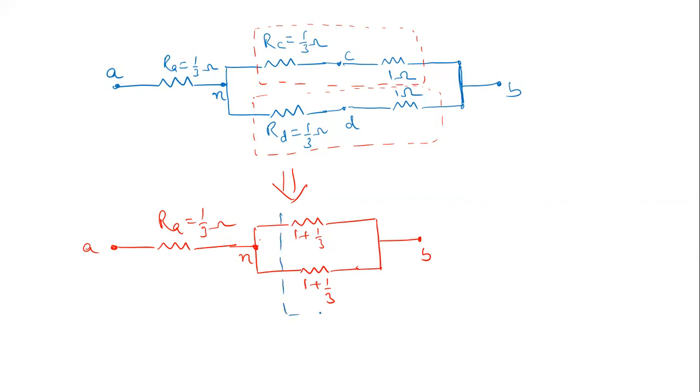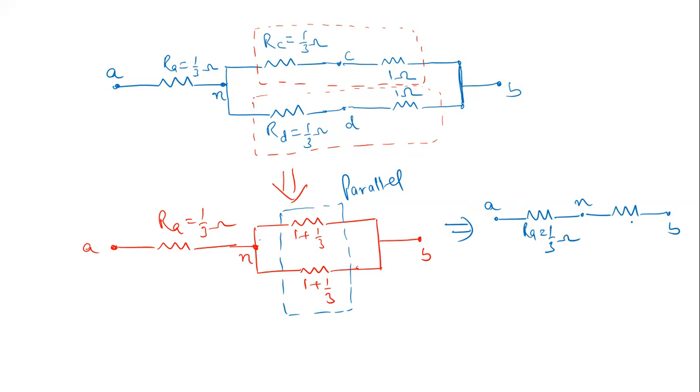So we'll have this parallel combination. So this is B, this is N, and this is A. This is RA equal to 1 by 3 ohm, and these two values are 4 by 3. This is also equal to 4 by 3. So this is 4 by 3 parallel 4 by 3, right?